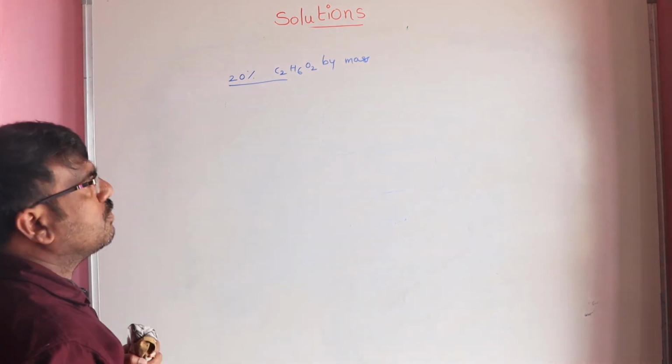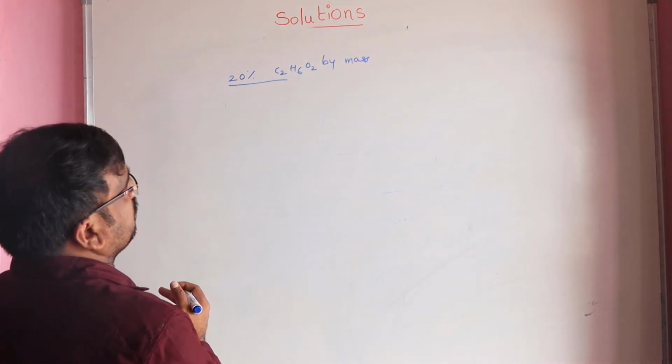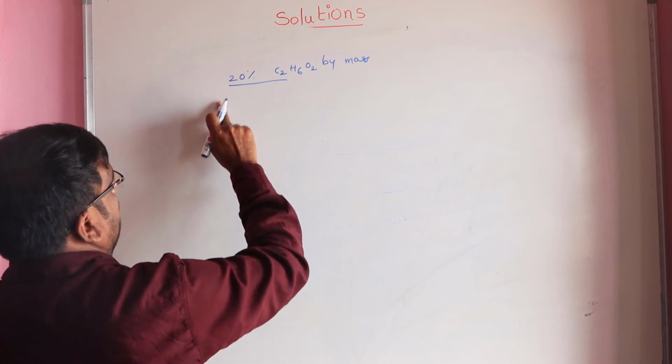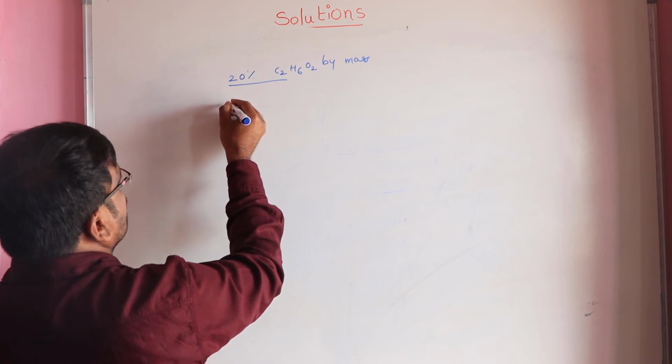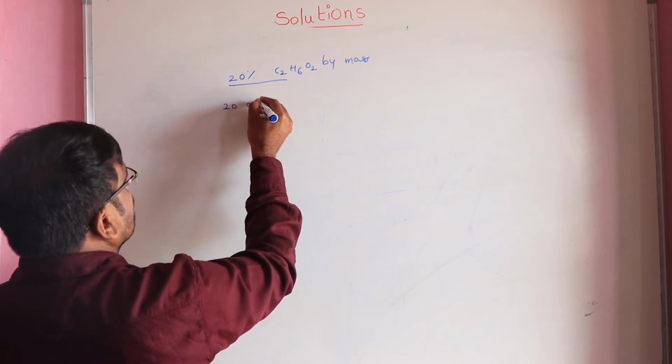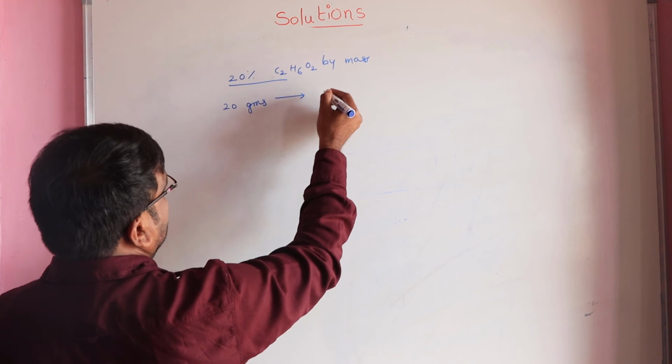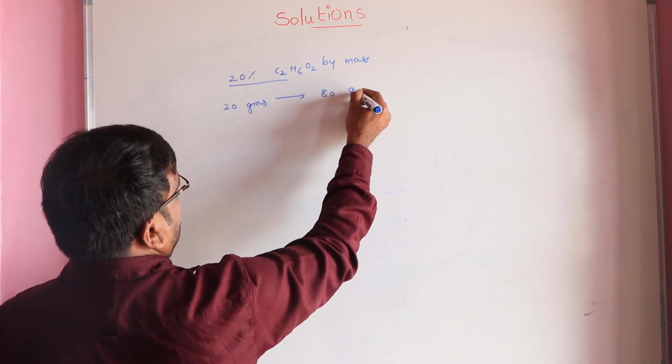In that problem they are asking for the mole fraction of ethylene glycol. Now, 20% of ethylene glycol by mass means 20 grams of ethylene glycol present in 80 grams of water.